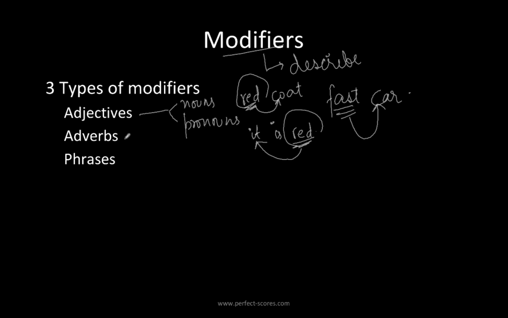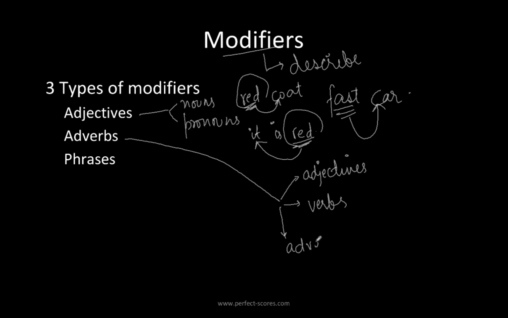Coming to adverbs, adverbs modify three kinds of parts of speech. They can either modify adjectives, verbs, or other adverbs. So it's called an adverb because of the combination of adjective and verb. Let's take an example of an adverb modifying an adjective.